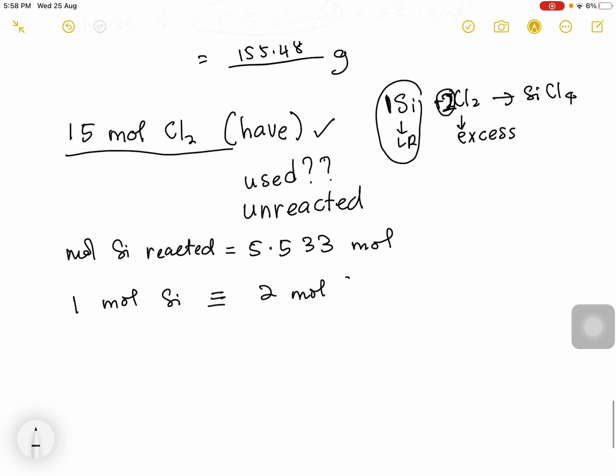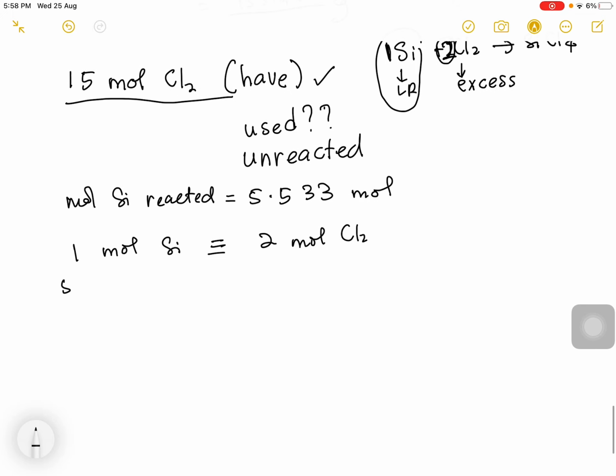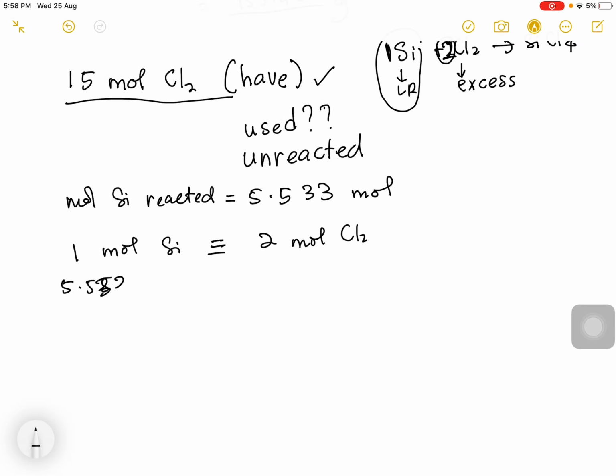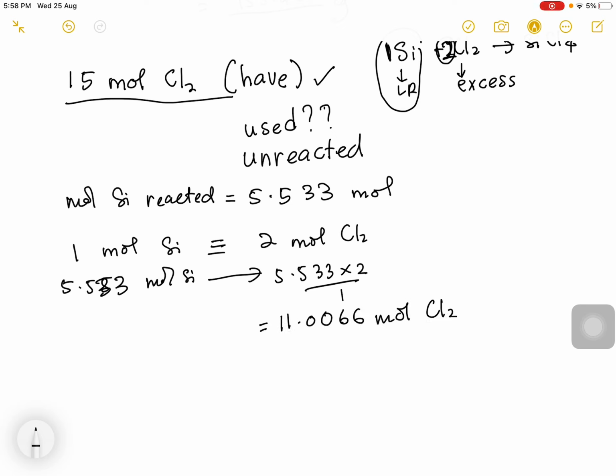But how many mole of silicon reacted? It's 5.533 mole of silicon. That means the chlorine used is 5.533 times 2 divided by 1. It's equal to 11.066 mole of chlorine used. So how do we get the unreacted?